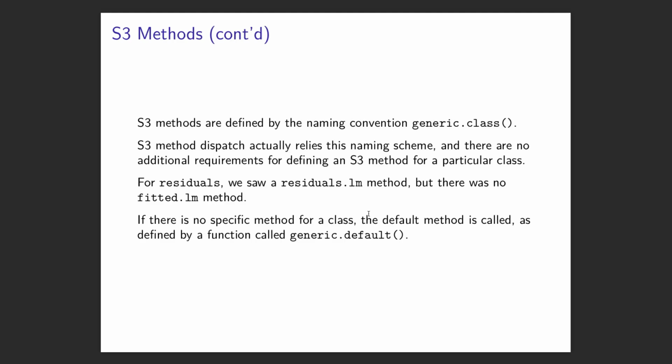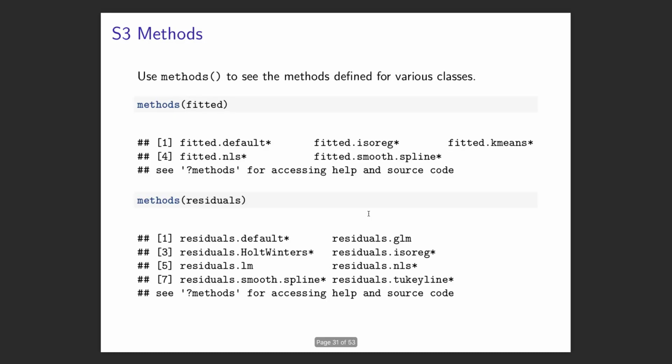And what happens in that case, there's a default method called the name of the generic dot default. And so in that case, when there's no specific method defined for a particular class, it'll use that default method. So fitted.default will be used if I give fitted some object that's not one of these other ones.